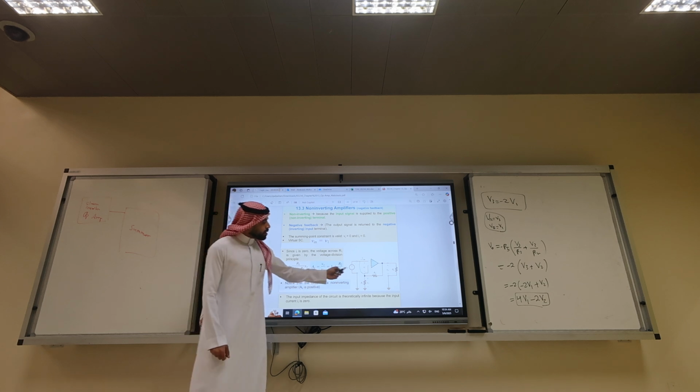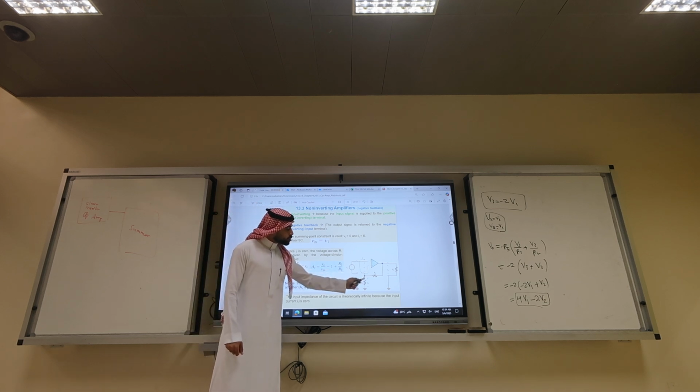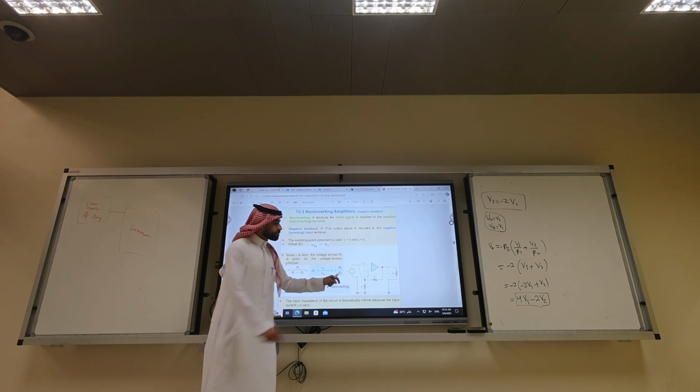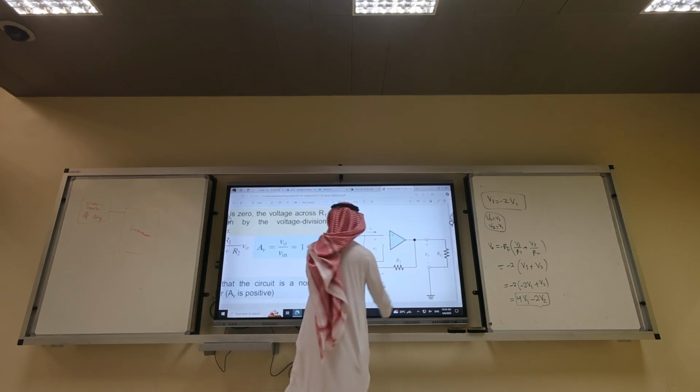Nasrallah, what is the voltage drop across R1? It's not 0 this time. This dashed line is connected, so the voltage here is the same as the voltage here. What is the voltage here?